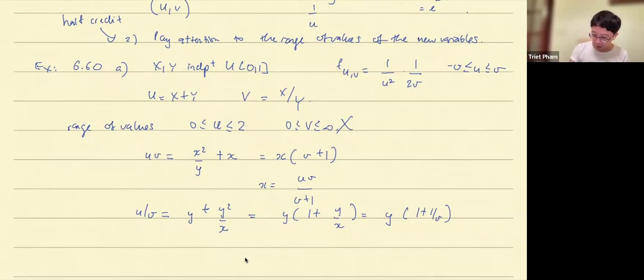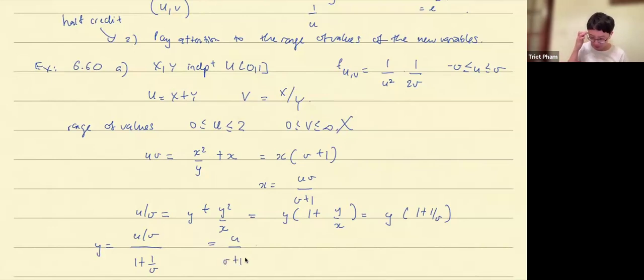Well, I can just subtract it away from U. Then Y is U over V divided by 1 plus 1 over V. If I multiply V across, I get U over V plus 1.